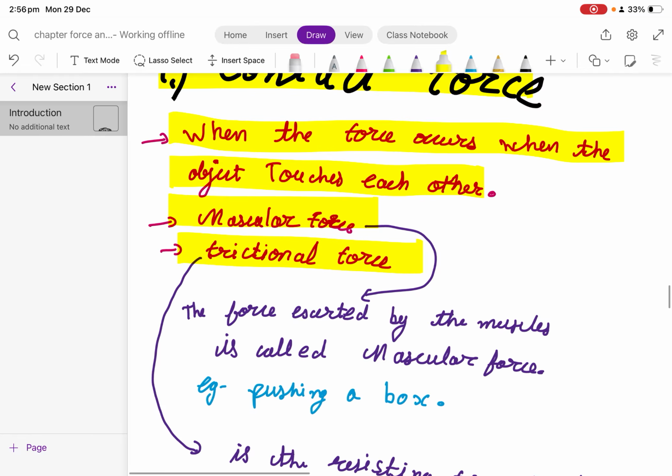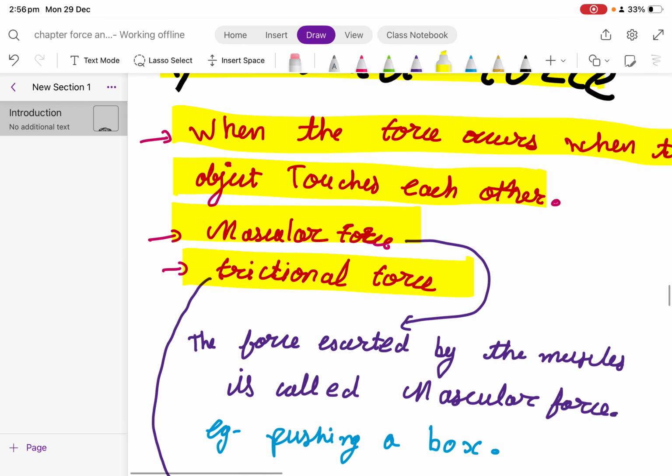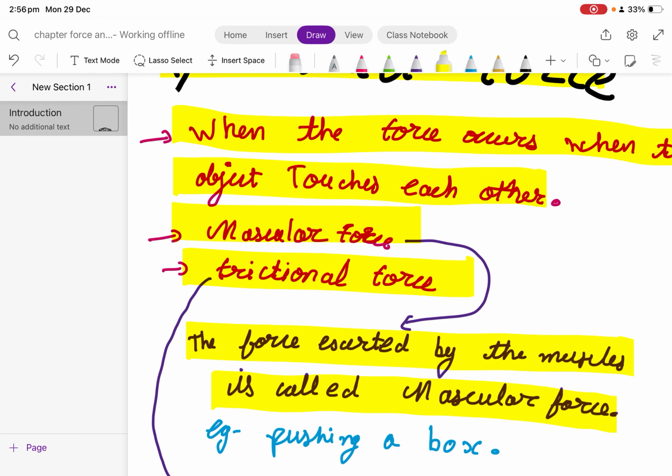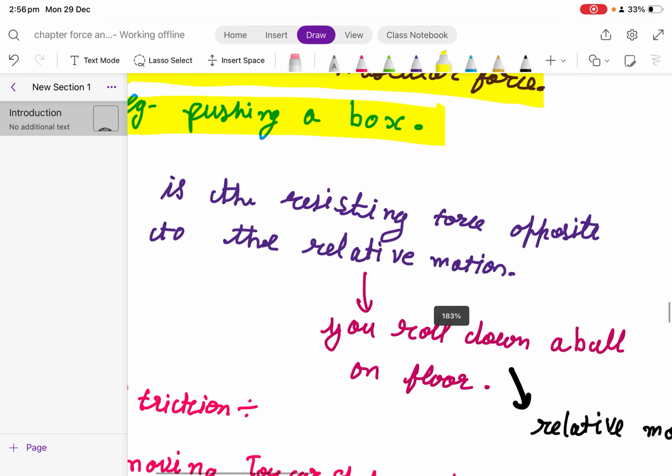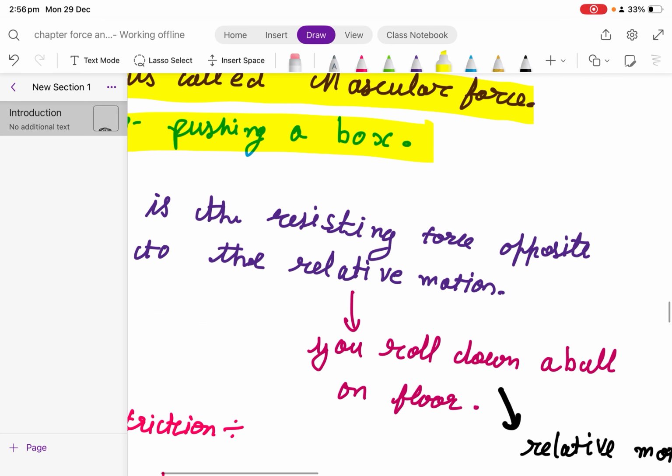We'll first discuss muscular force. The force exerted by the muscles is called muscular force. Example, pushing a box, as I said before. The second is frictional force. Frictional force is the resisting force opposite to the relative motion.